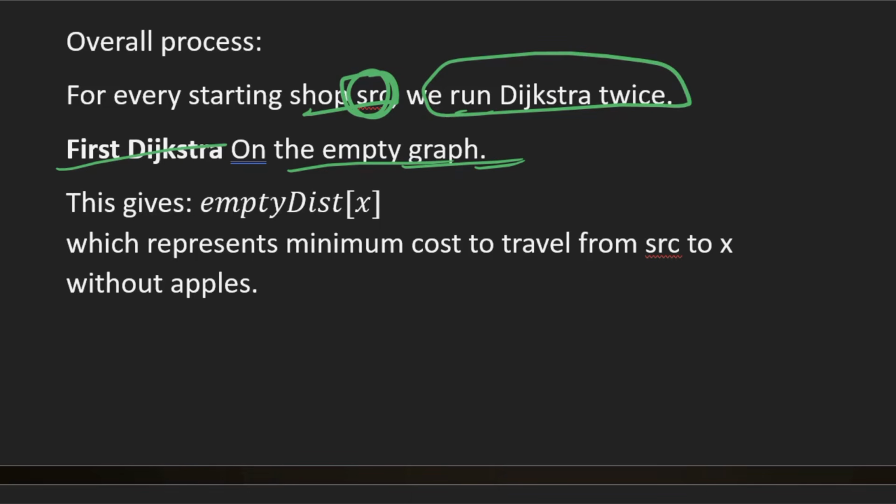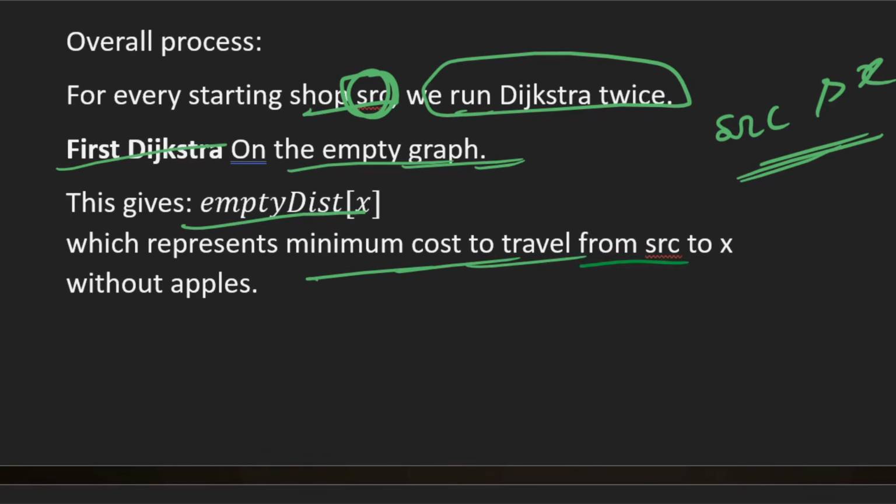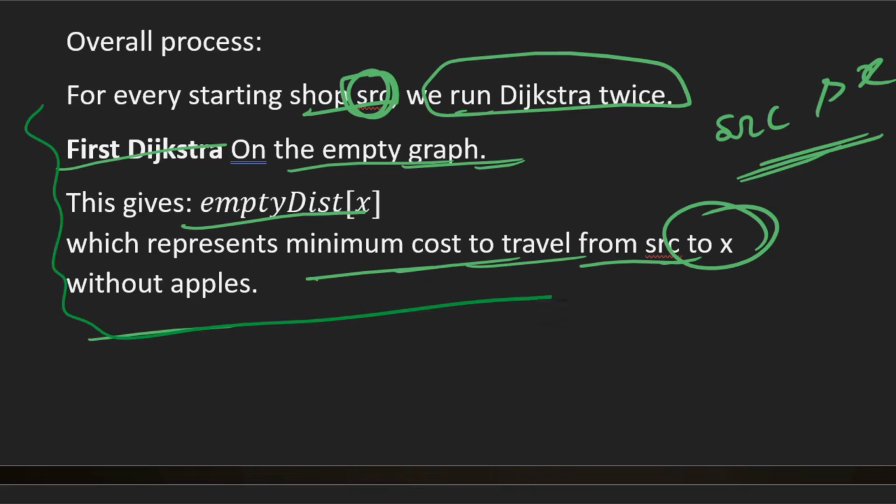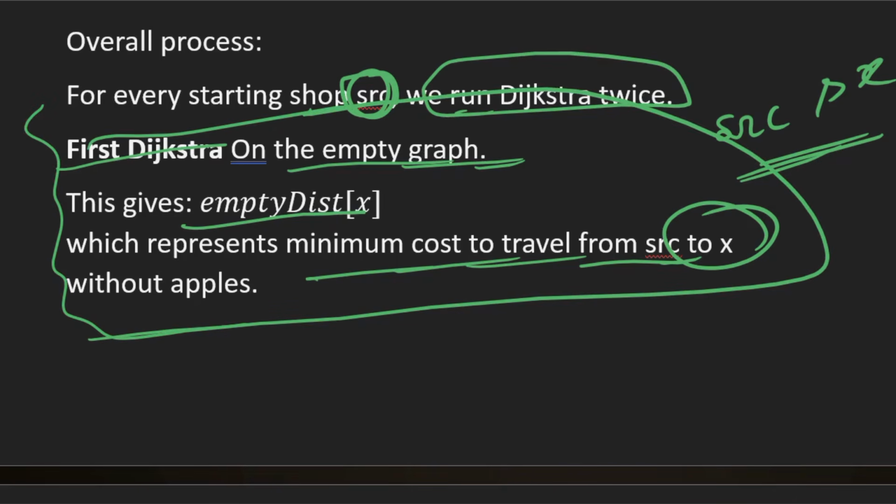What it will give us is the empty distance from source to every node x, that is the minimum cost to travel from source to all other nodes x without apples, right? So for the first Dijkstra, we'll get from our current node i to all the other nodes j this minimum cost, right?